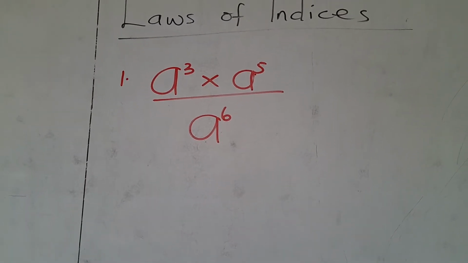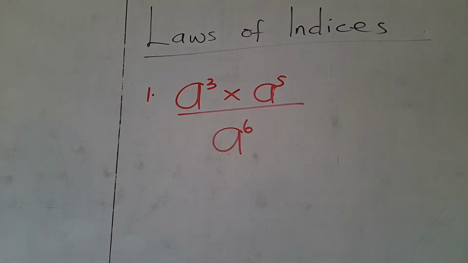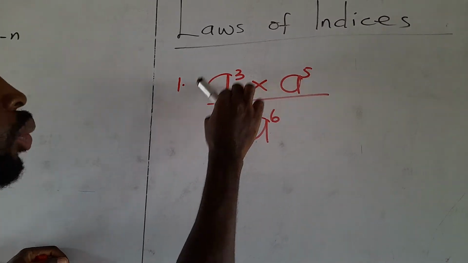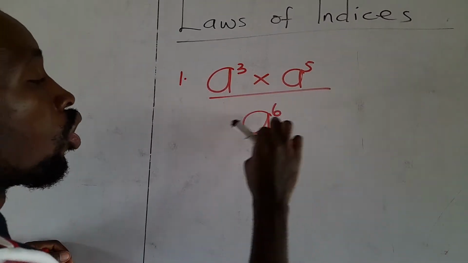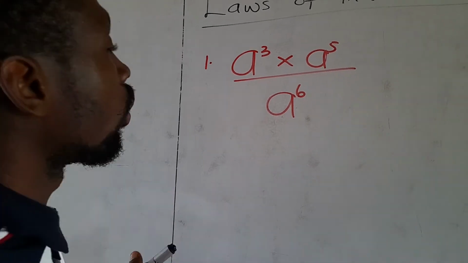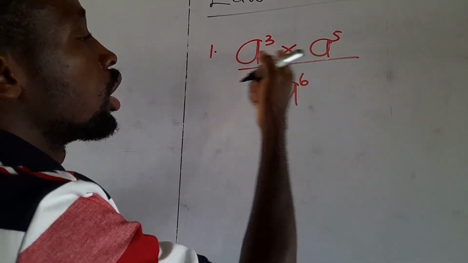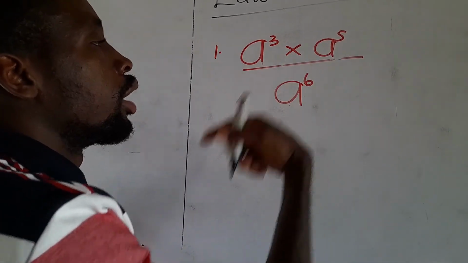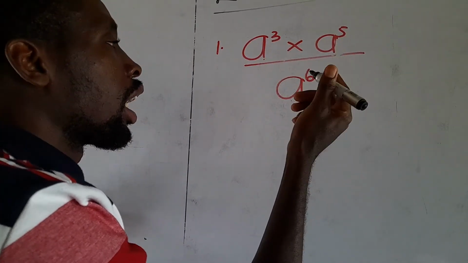So let's solve our first question by applying the laws. So a exponent 3 times a exponent 5 all over a exponent 6. How do we solve that? See, these 2 indices are multiplying with the same base. So what do we do? We repeat the base and add the exponent.